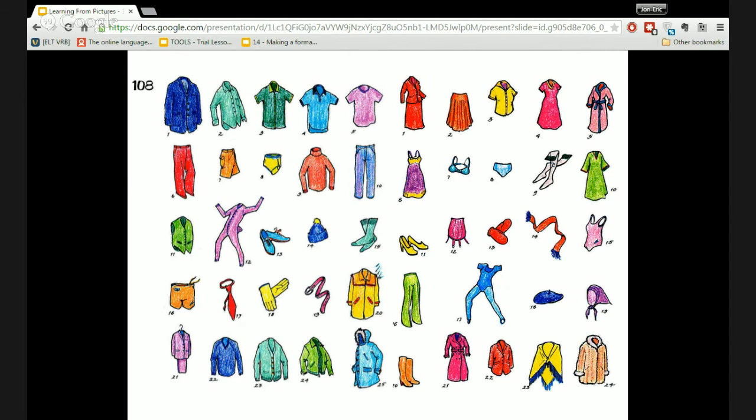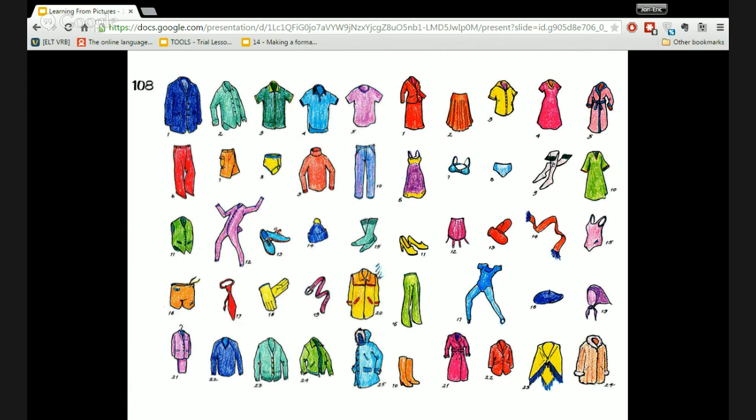So it's a little hard to see, but maybe we can take a look at some of those, and then we'll move on to something new when we get some more people in there. We've got 25 pictures. How many of those things do you think you can name? In English, of course.